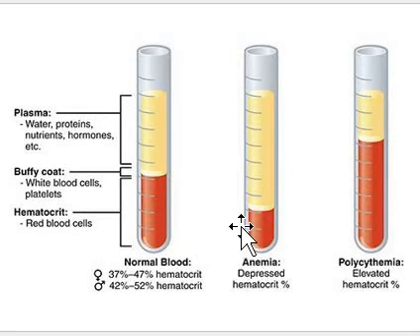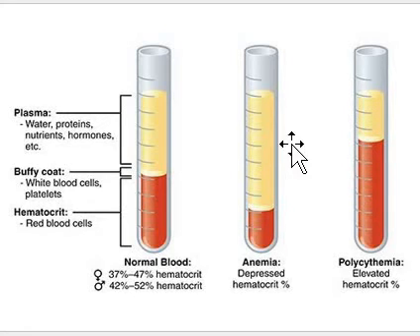You can compare these two. Here the anemia patient has very low RBC and a large amount of plasma. For polycythemia, you can see the RBC count is more, but the plasma is minimum.